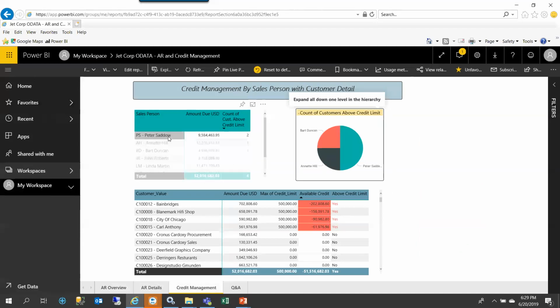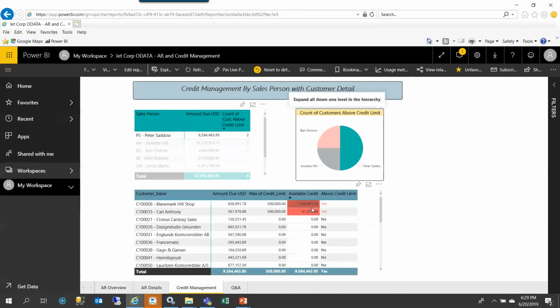If we click on Peter Sato, who has 2, we notice there are 2 customers in red that are above their credit limit. We show the actual amount of the AR, we give the credit limit, and then it's a mathematical equation. We will indicate their available credit.